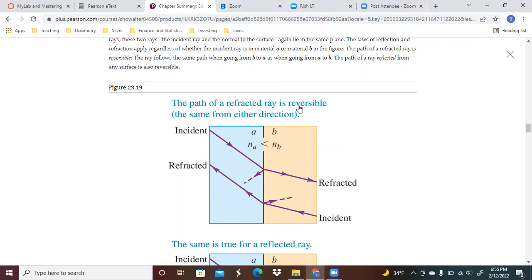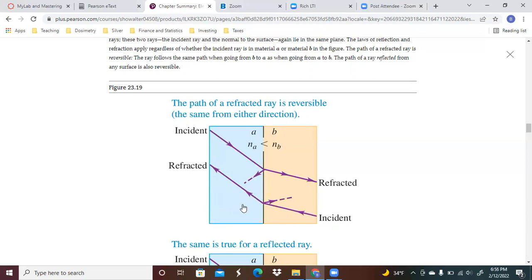The path of a refracted ray is reversible. This is the same from either direction. In other words, if you've got a ray that's coming in here and strikes the surface, and this index is greater than this, whether the ray is going in this direction or in this direction, this pathway is always going to be the same. It's just a question of which way the photons are going.